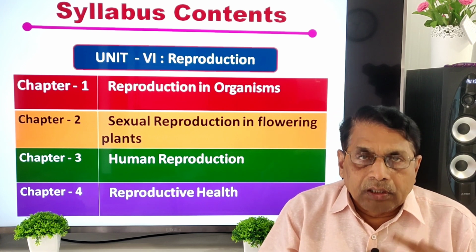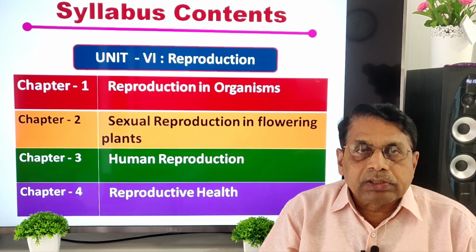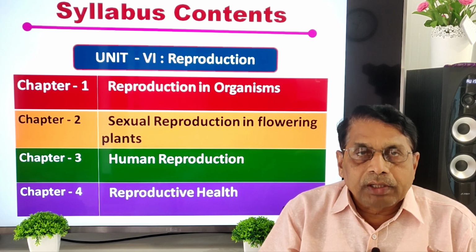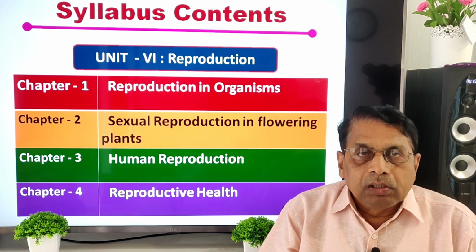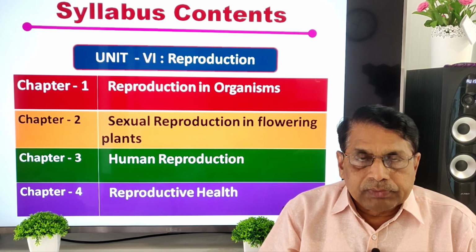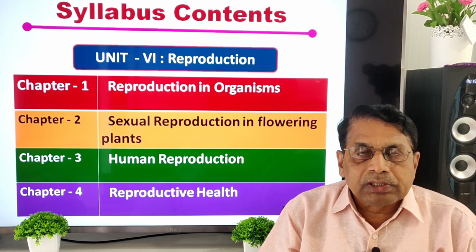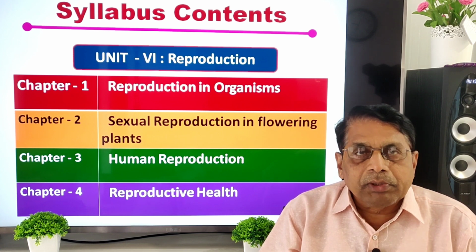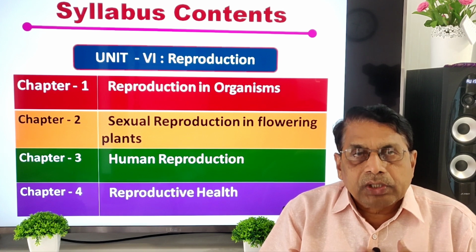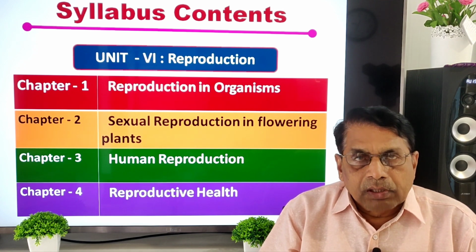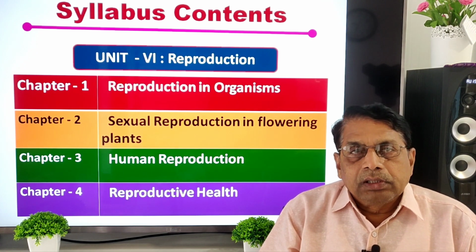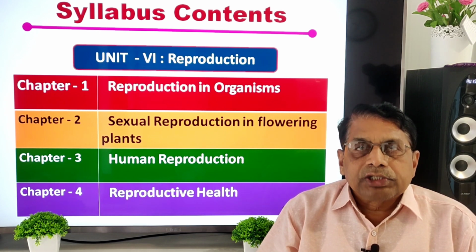Similarly, inside the gynoecium, ovary and ovule, how the female gametophyte develops: the megaspore mother cell undergoes reduction division and produces an embryo sac or female gametophyte.